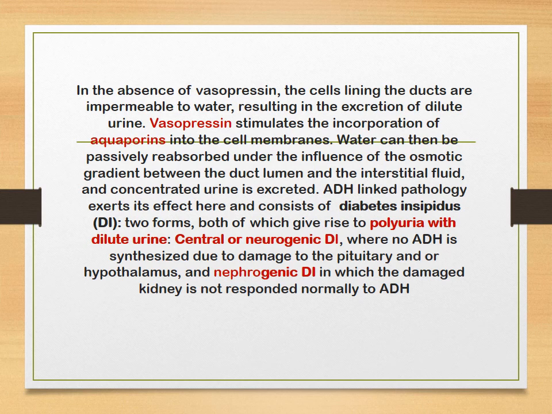Otherwise, absence of antidiuretic hormone results in excretion of hypoosmolar urine along with hyperosmolar plasma, which usually occurs in diabetes insipidus.